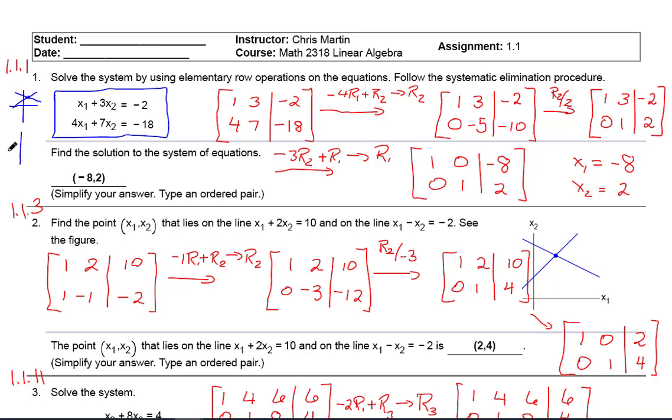I could have the situation of parallel lines, which would mean there would be no solution. And the third possibility is I've got exactly the same line, which means that they're touching at every point. So if we get this situation of ones down the diagonal, zeros everywhere else, we get one solution.